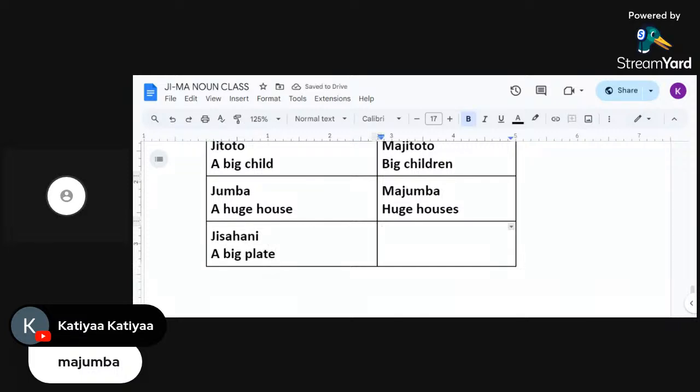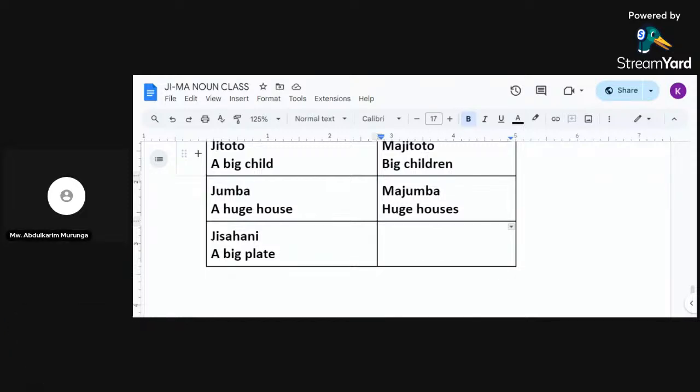A lot of big plates. We can write that in the chat. The plural for this word, big plate.